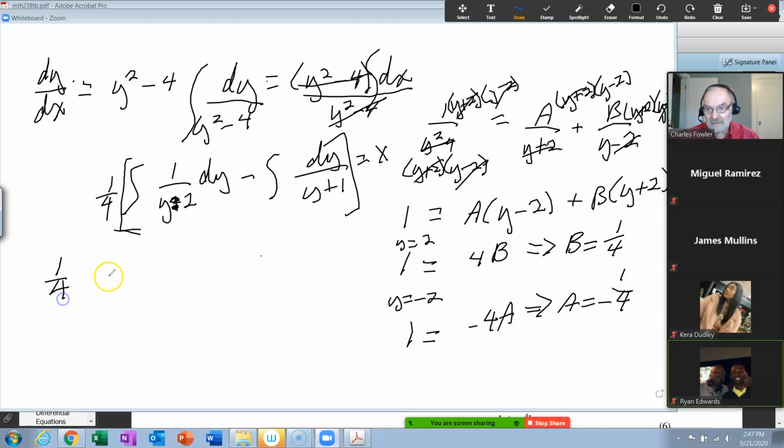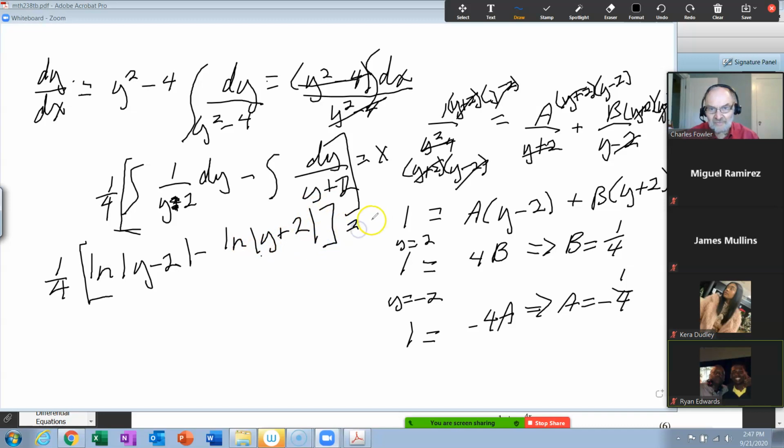1/4 times the log of absolute value y minus 2 minus the natural log of y plus 2. That's a 2. I don't know how it became a 1. Goodness gracious, the old gray cells, they ain't working well today. Okay.